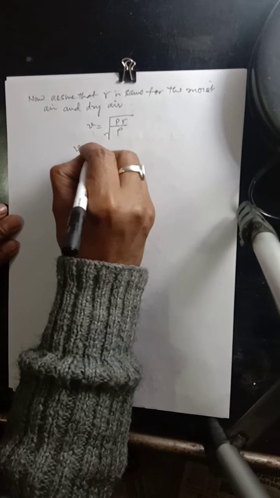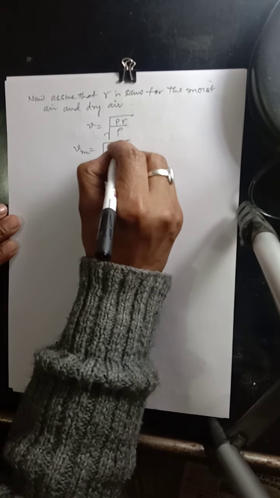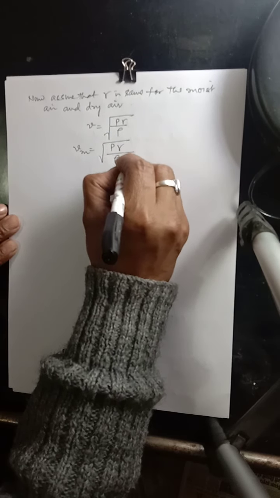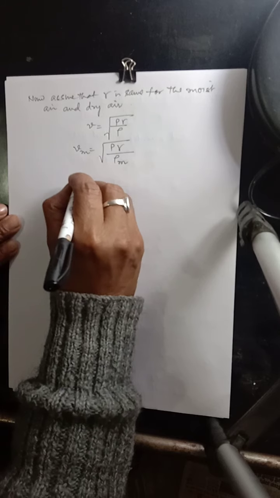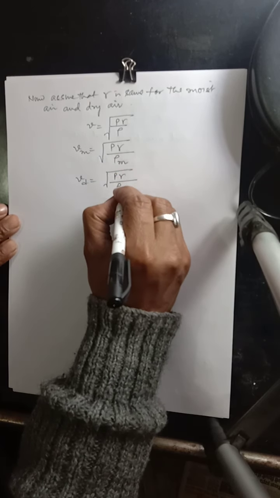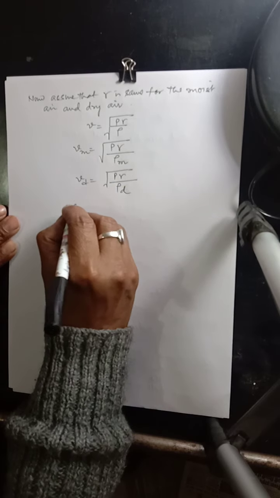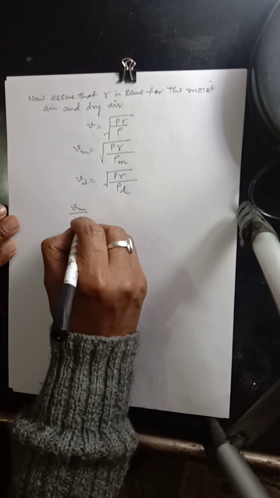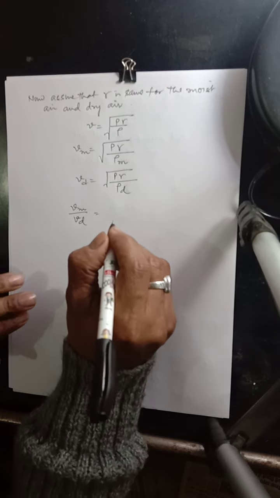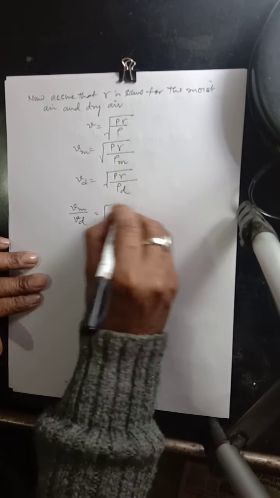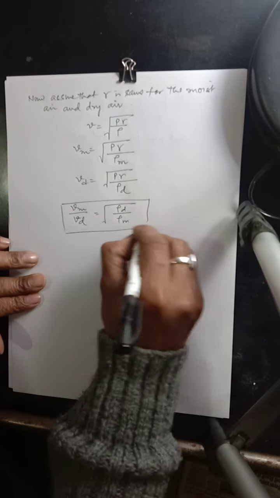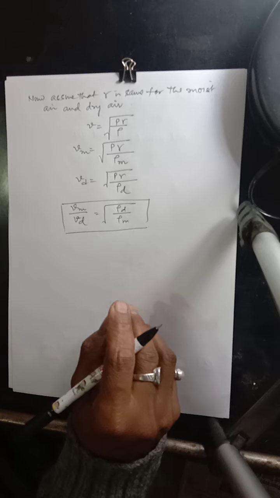For the moist, pressure gamma is constant and the density is for moist. Same for the dry, P gamma upon rho d. So if we find Vm upon Vd, that becomes the square root of rho d upon rho m. So it is the relationship which is required.